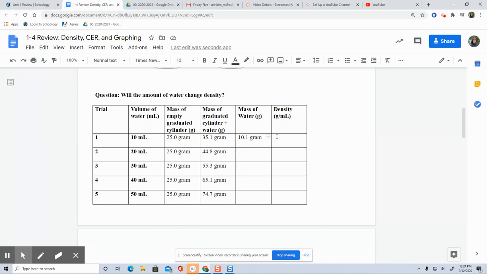So you do 10.1 divided by 10 milliliters, and it's going to give you 1.01 grams per milliliter. So you do the same thing for each trial. So whatever the mass is in each box, divide that by the volume of water for that specific trial.